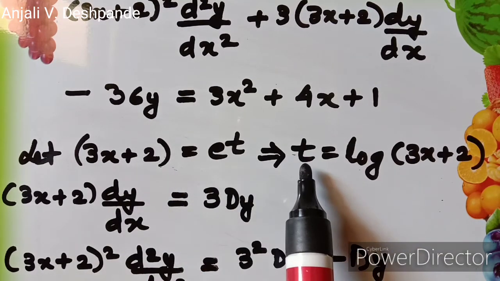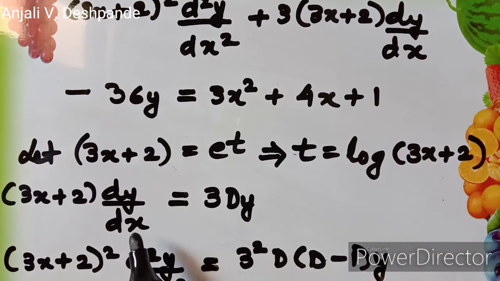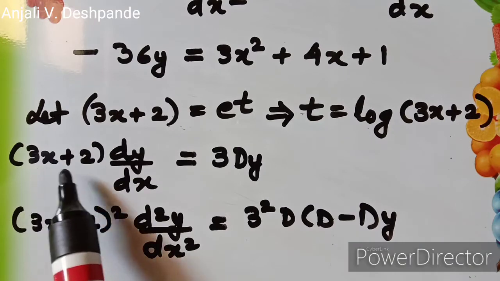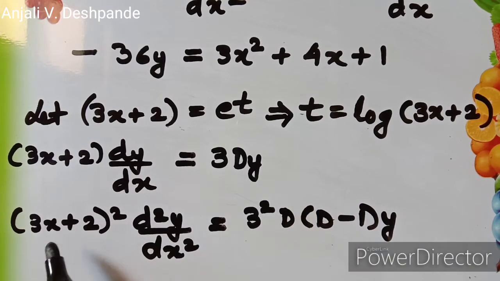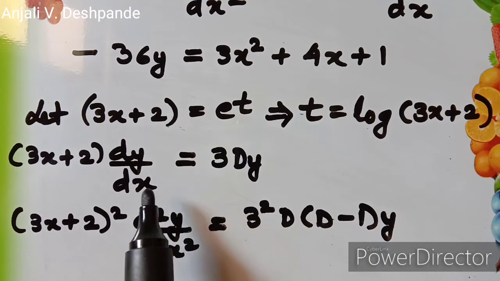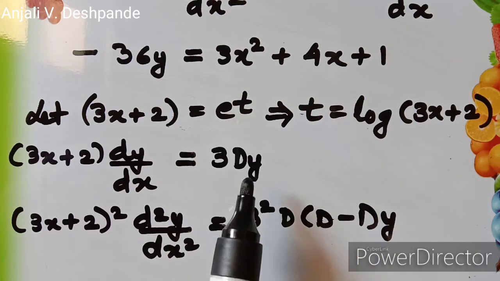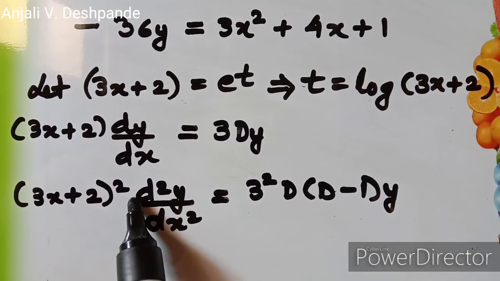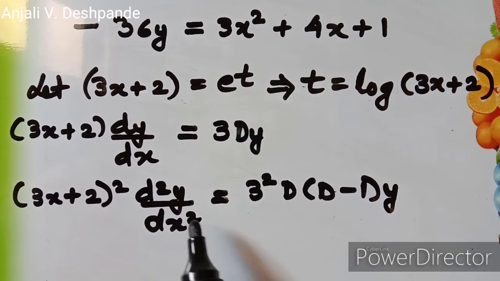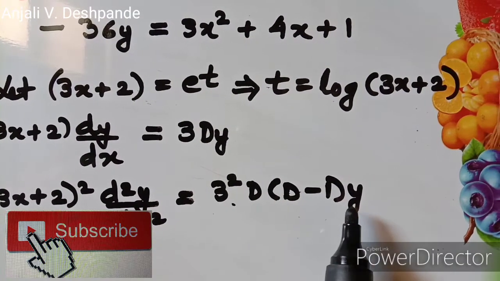After you substitute this, you will get t is equal to log of 3x plus 2, and then (3x plus 2) dy by dx is equal to 3 Dy. Again, go back to the previous section to see how the conversion is done. Similarly, (3x plus 2) whole square d2y by dx square is equal to 3 square into D into (D minus 1) y.